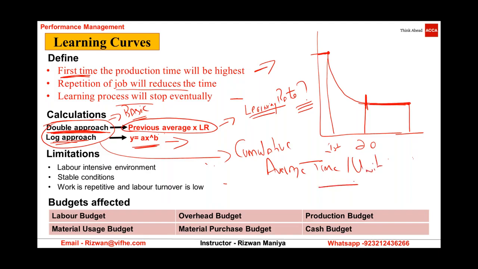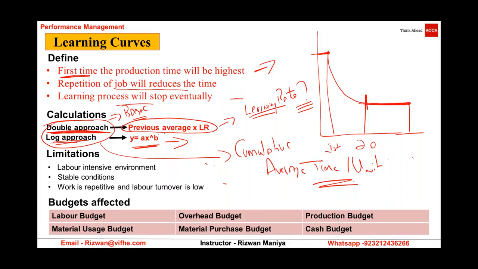This cumulative average time per unit means the average time for all the units that we have produced so far.